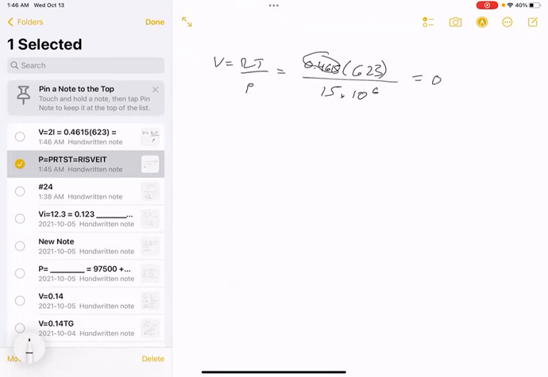So then it becomes 0.0192, and that's of course meters cubed per kilogram. Okay. So how does that compare to what we had before? Well, what we had before from the table was 0.01147.